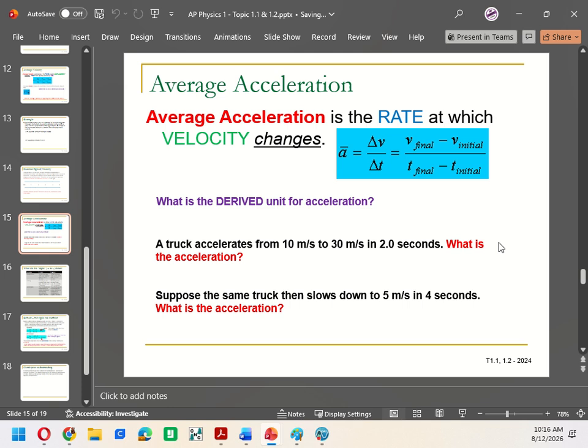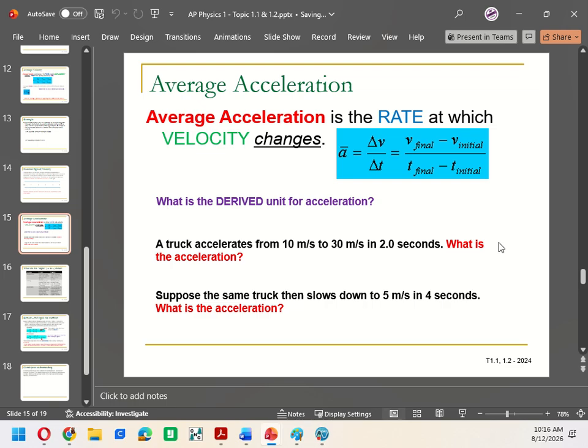Okay. So, what's your final velocity? As we're reading, it says what? 2. Okay, so my final velocity is going to be. Okay, and what was my initial velocity?